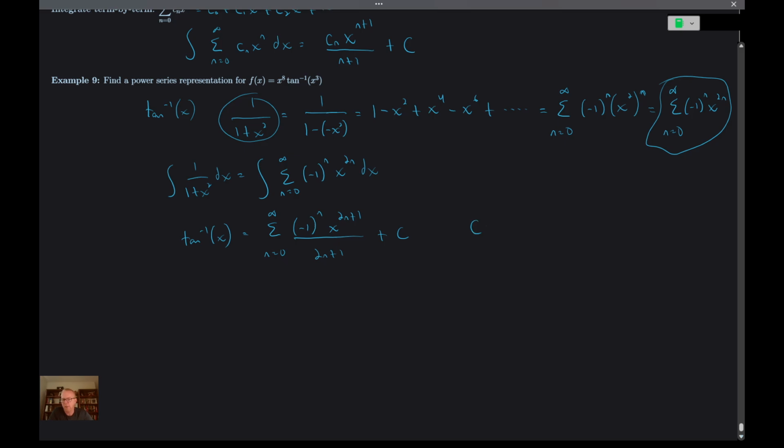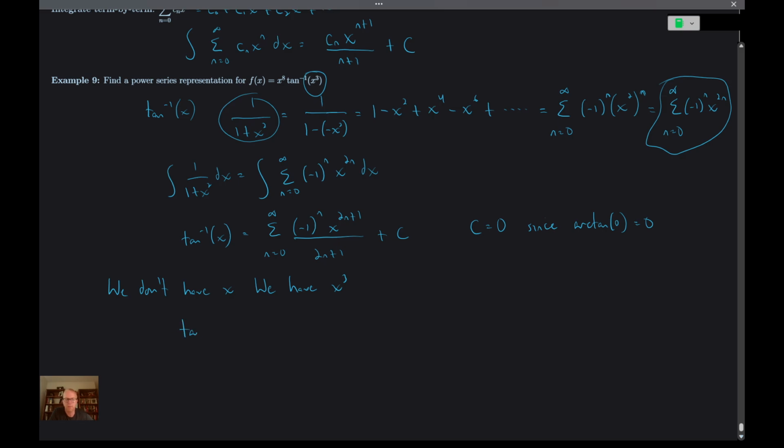Now, c is actually going to be 0 in this case, since arctangent of 0, or inverse tangent of 0, is 0. And when we plug in 0 for x here, we get 0. So 0 equals 0 plus c, so c is also going to be 0. So here, we don't have x; we have x cubed.